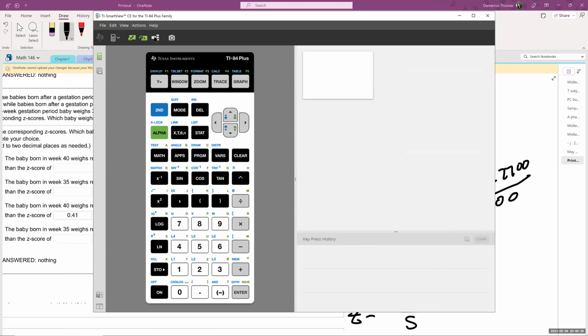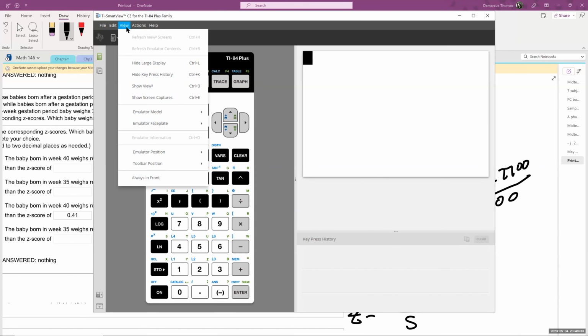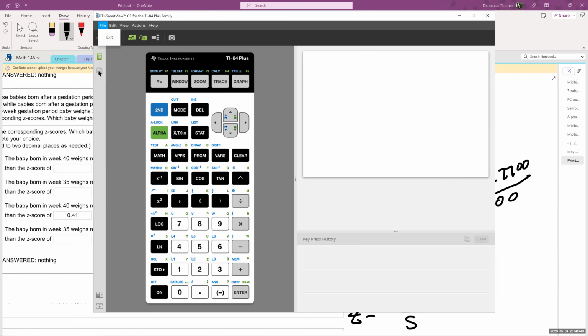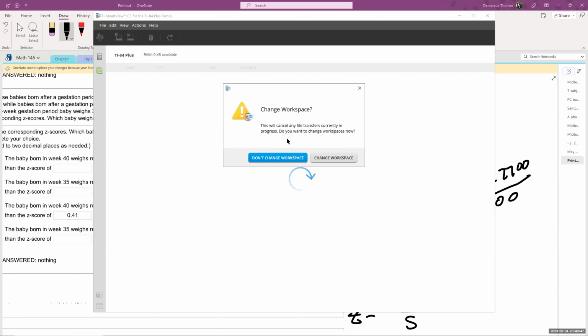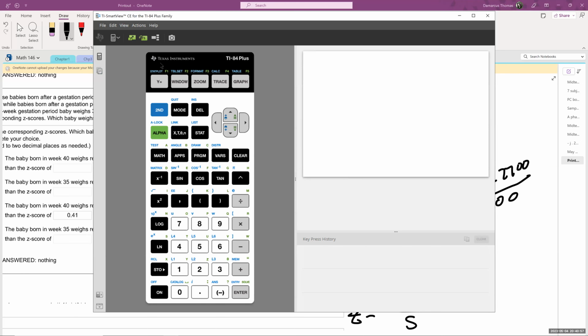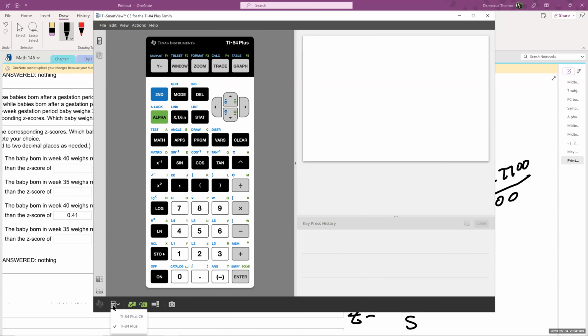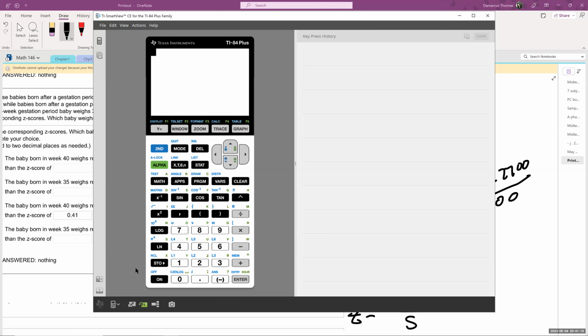I don't do that enough. Now it looks more like a calculator.